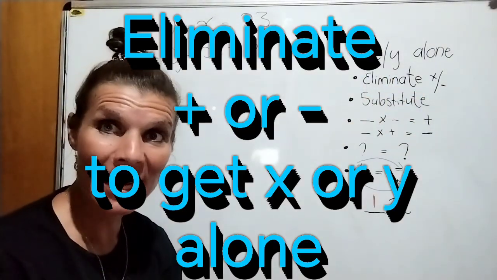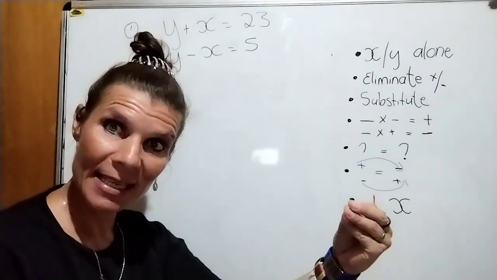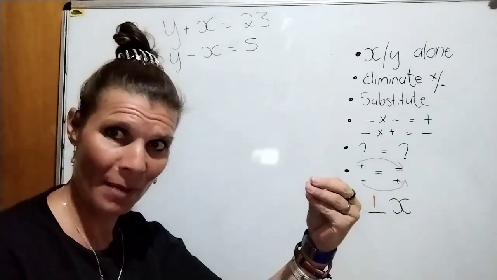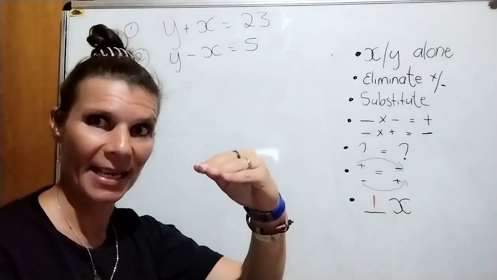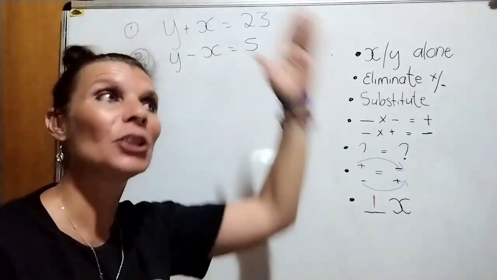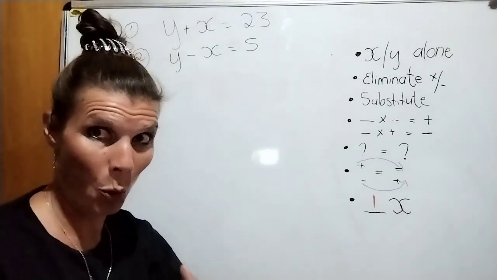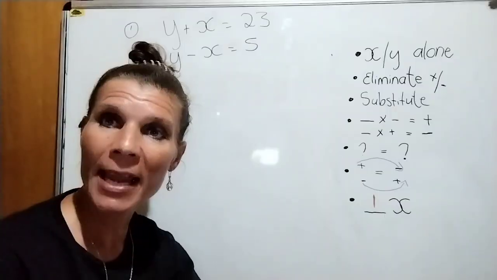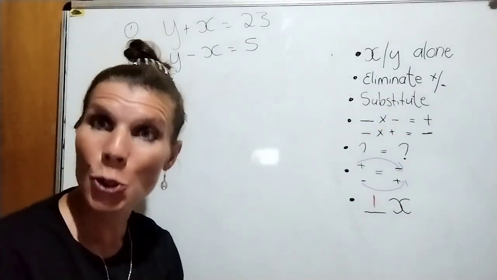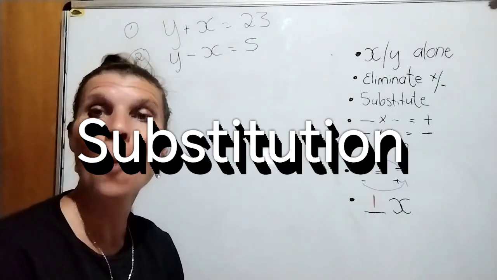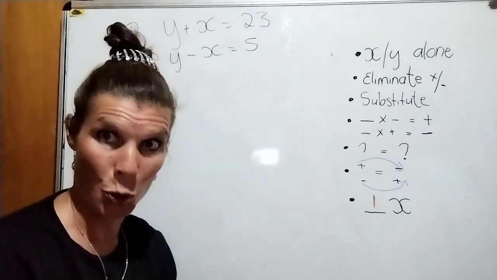We can eliminate by plussing, adding, or minusing, subtracting, to cancel one of the variables out in order to carry on with our equation. Or we can use substitution as a way of getting one of my variables alone.